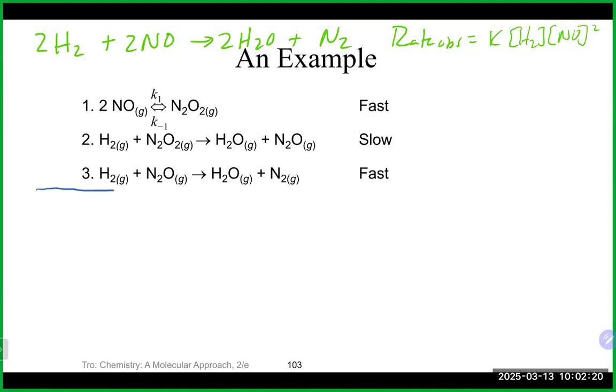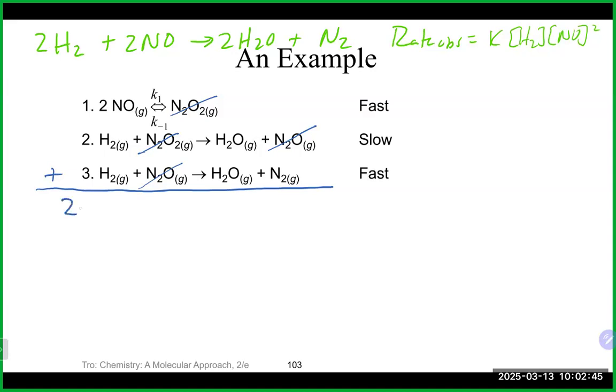And one of the things is you need to add everybody together and make sure that you do get the overall reaction that we're looking for. So in this case, if we look, we have N2O canceling out. N2O2 also canceling out. And I think that is everything. So everybody on the left-hand side of those arrows stays there.